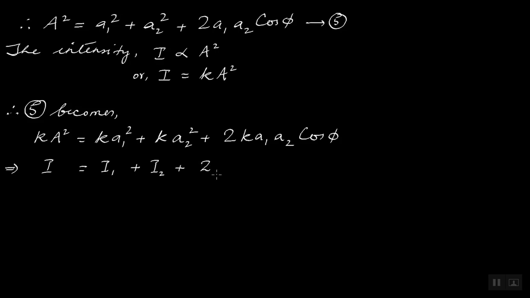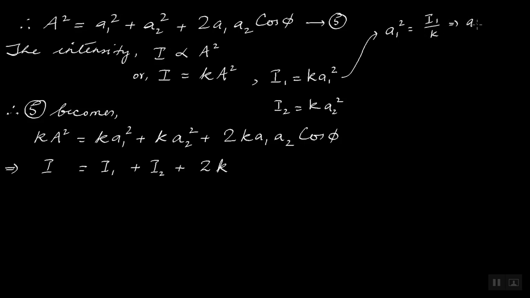And here, can I do like this? So we have I1 is equal to k a1 square, and I2 is equal to k a2 square, right? So instead of a1, a2, let me write k here. What is the value of a1 square? a1 square here will be I1 by k.